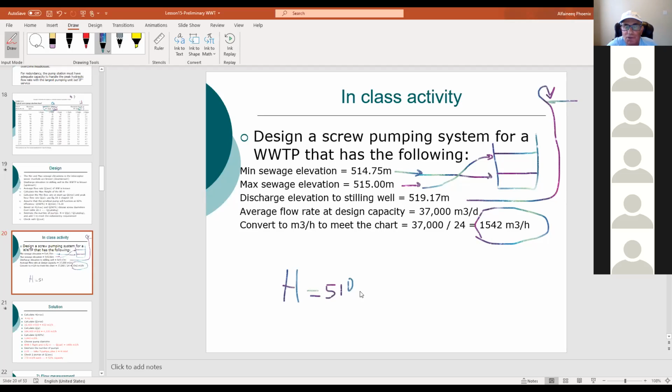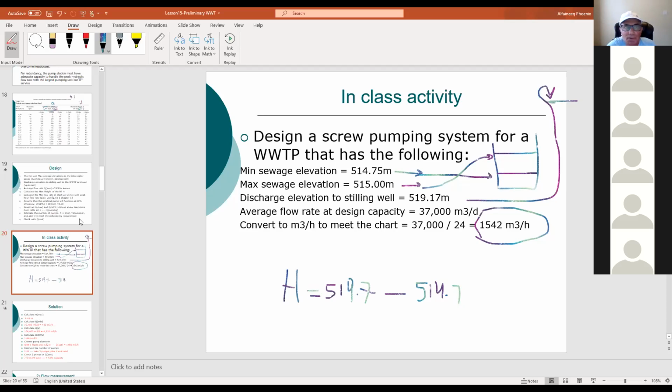The highest point minus the lowest point, 514.75. And this is going to be your H in this case. How much is that number? 4.42.